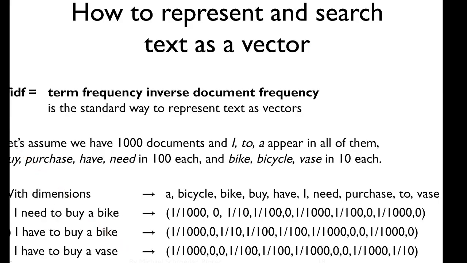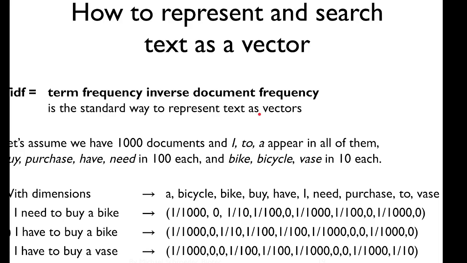And take these together, and that's really what you should memorize also as an abbreviation. tf-idf, term frequency, inverse document frequency. That's the standard way how to represent text as vectors, and that is a representation that is widely used in natural language processing and when implementing search engines and so on.